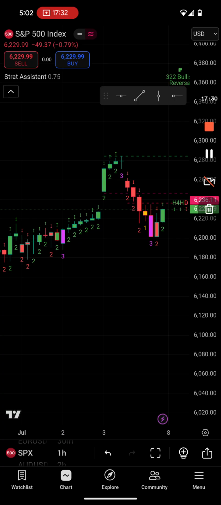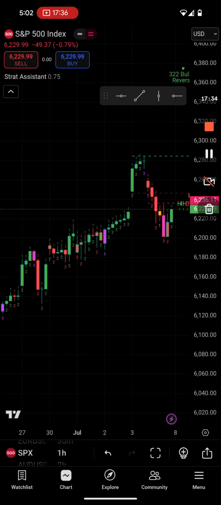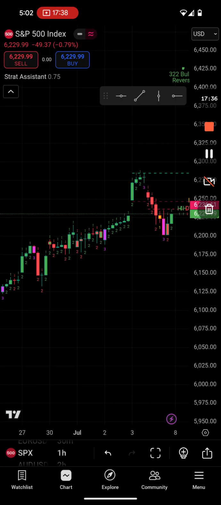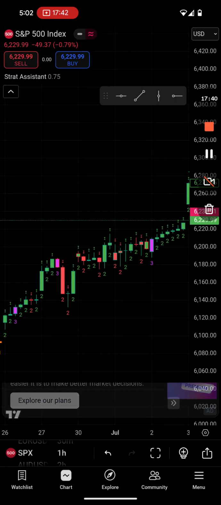Let's see, do we see anything? You see how with this stuff you can catch some money on the smaller time frame real quick.